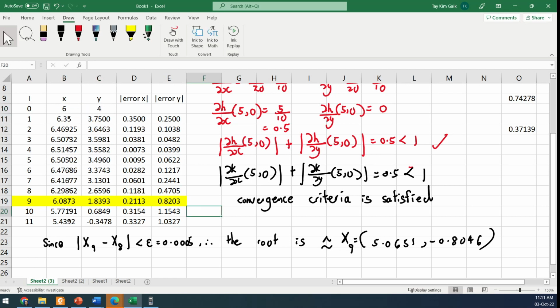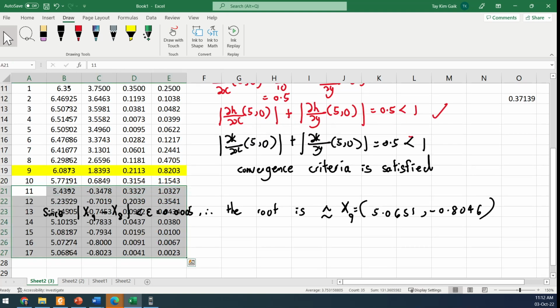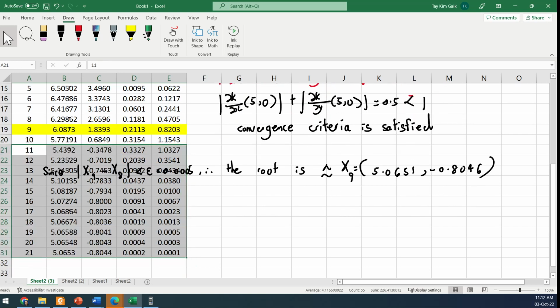So you see 6, 4. If you iterate it, I think you get back to not the first root.